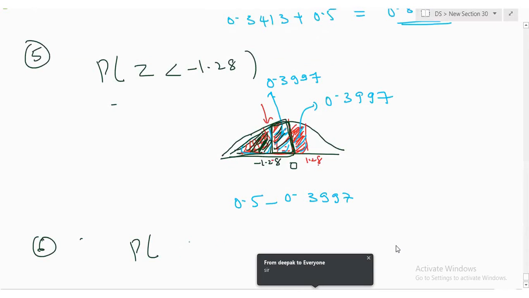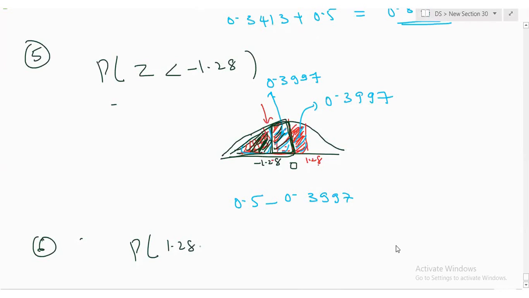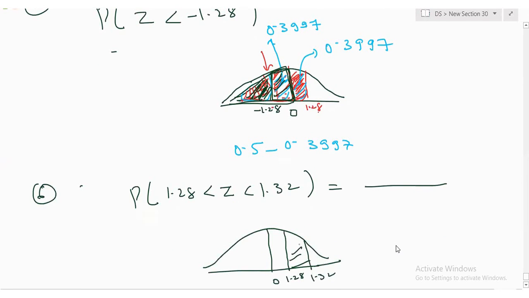Now, find out the area of 1.28 to Z value 1.32. I want to find out this area, right? This is nothing but the between. So how can I find this?